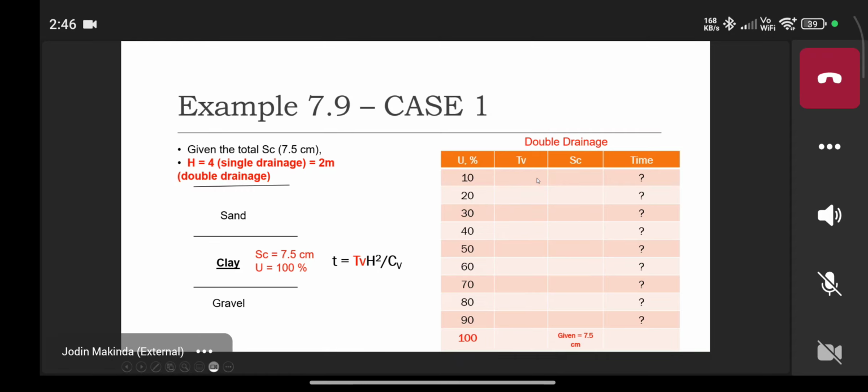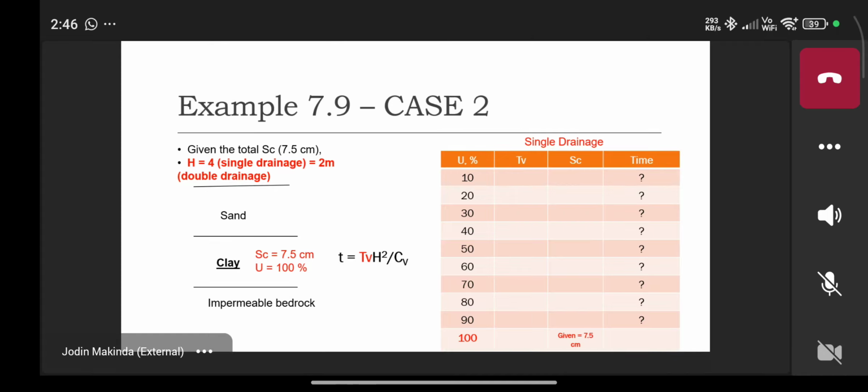TV we can find from the chart. SC we can multiply from the percentage. Meanwhile, for the time we can use the time factor equation. This is for case 1, double drainage.